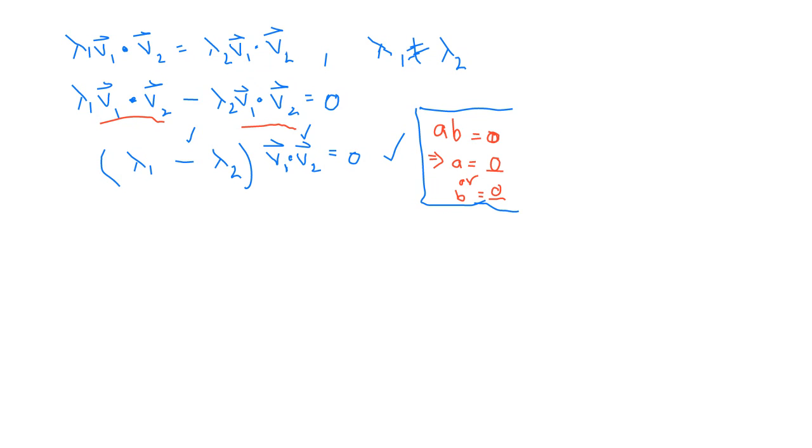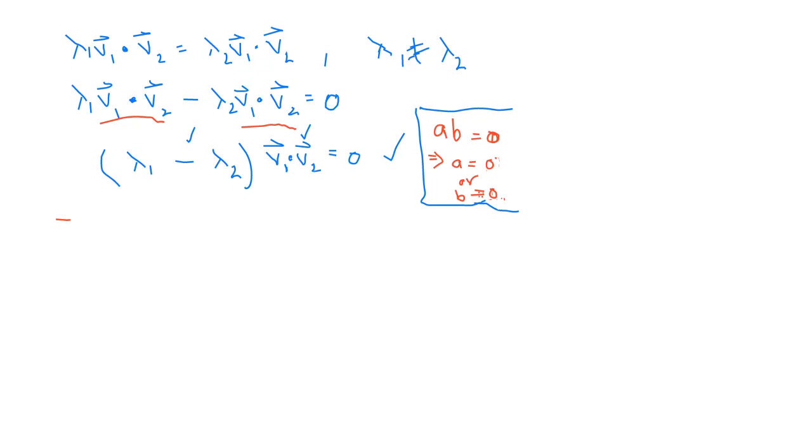Okay, so either A equals 0 or B equals 0, one or the other.